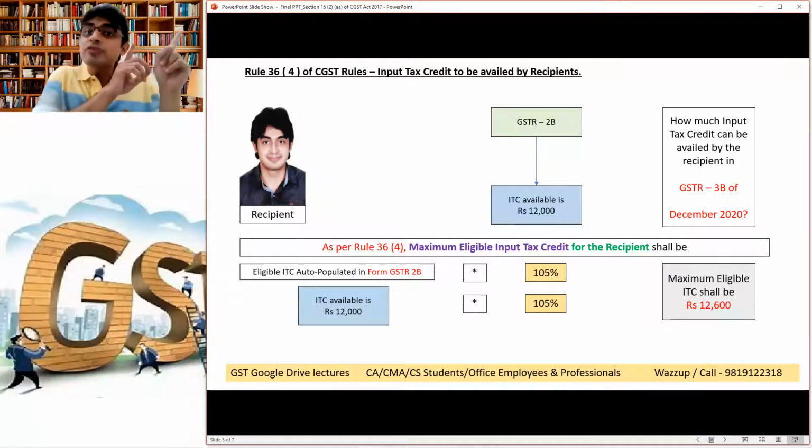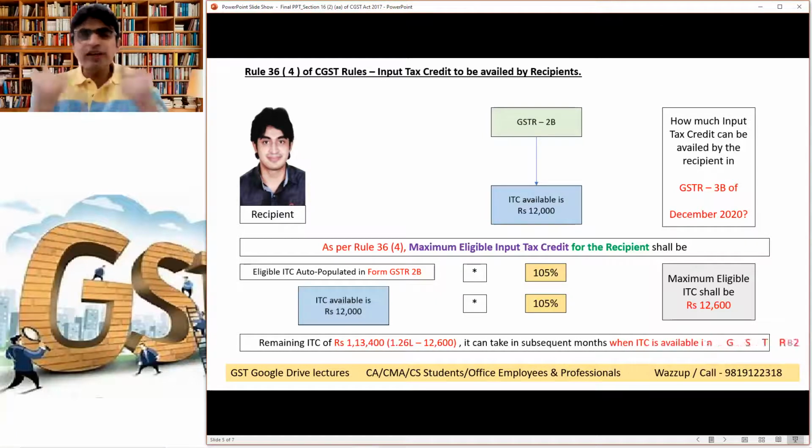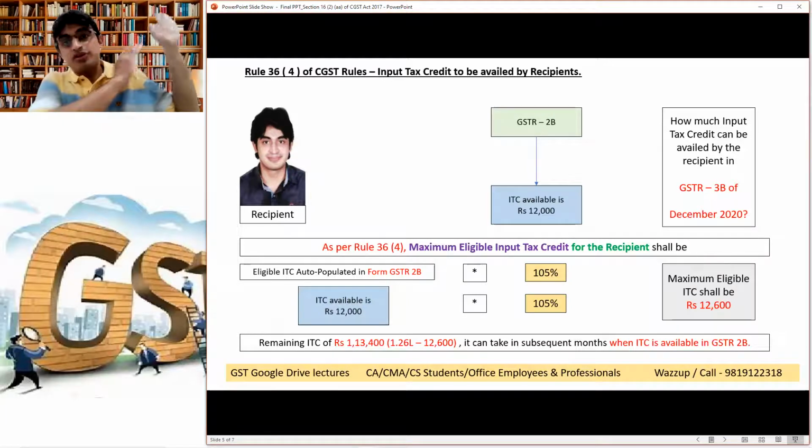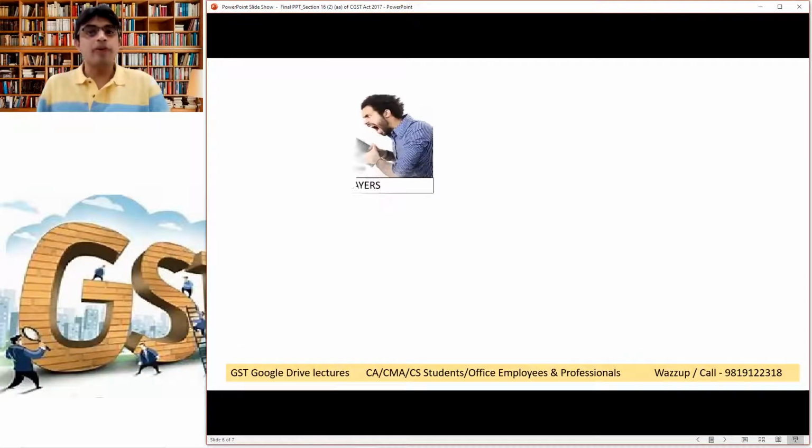So how much was eligible in total? 1,26,000. Out of that, you can avail only 12,600. The balance of 1,13,400 you cannot avail in December 20. You can avail it when that supplier files his GSTR 1. So you are left at the mercy of the supplier. When the supplier files GSTR 1, then the recipient can take that ITC. This was given in Rule 36 sub Rule 4.